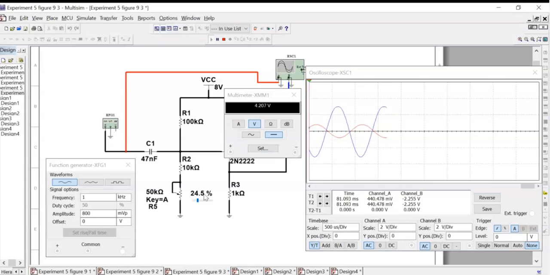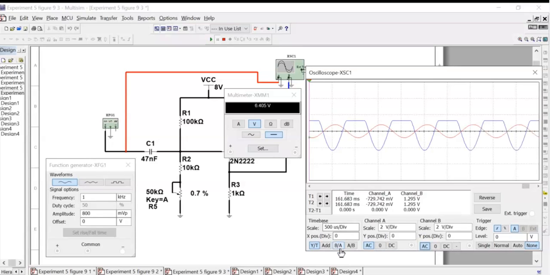I think this is 0%. 6.4 volts. So AA, AA. So yun ang papalapit. 6.4. Shift A again. Okay, 6.4. Then we need to have the screenshot.